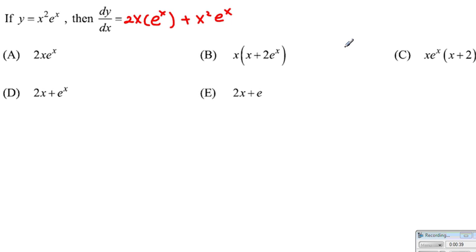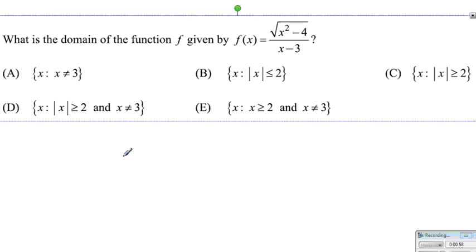That's what we end up getting. Now, when you factor out the common factors here, which is x e to the x, then we are left with 2 from the first term plus x from the second term. Should be choice C.